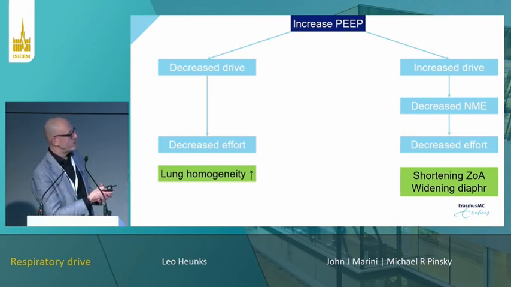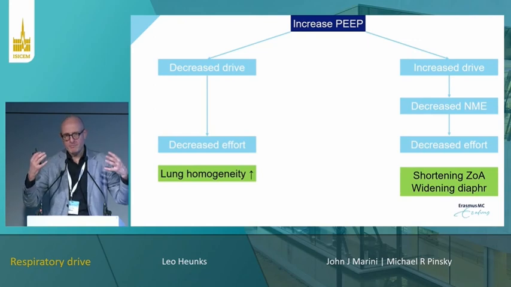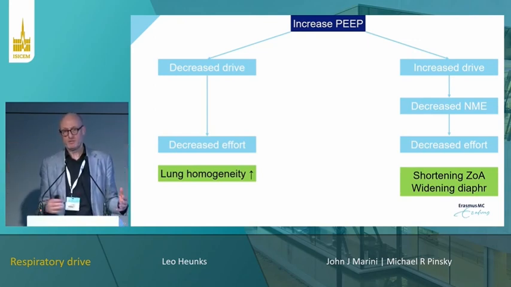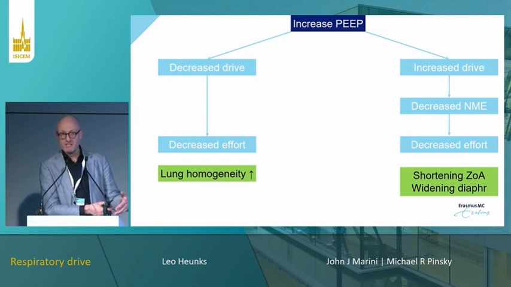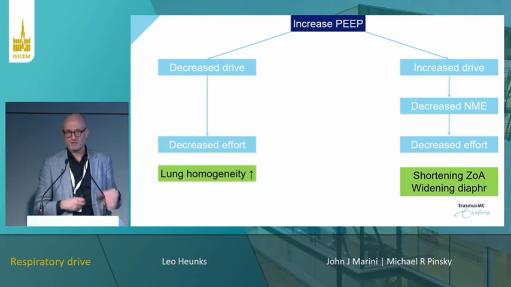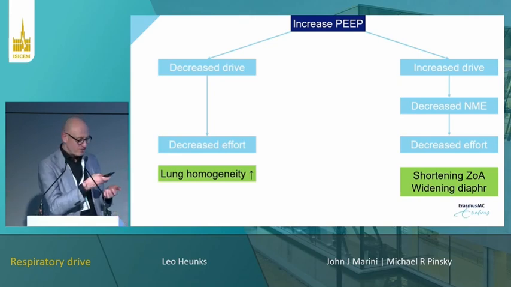So in your patient, you increase PEEP. Drive could decrease, decreasing effort. I think that could be the case if PEEP increased lung homogeneity, because we just said that consolidation actually activates the irritant receptors in the lungs. So less consolidation, less drive.